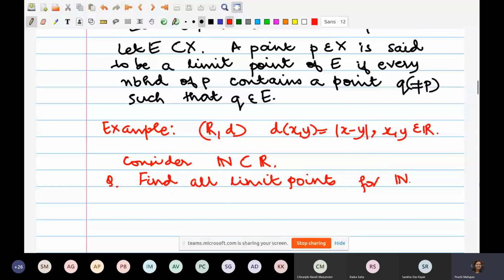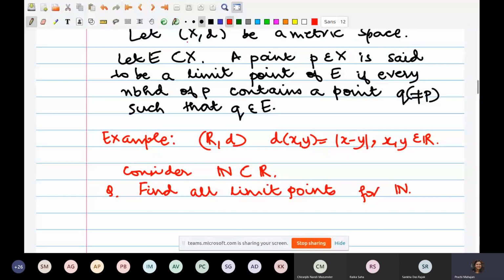We are looking at the Euclidean metric on the real line, the subset N of natural numbers, and we want all limit points of this set.